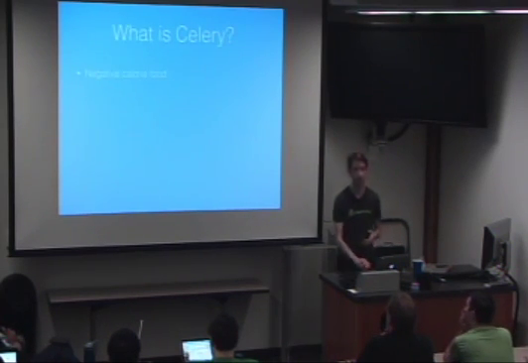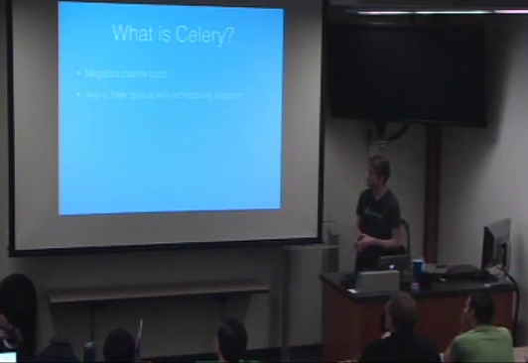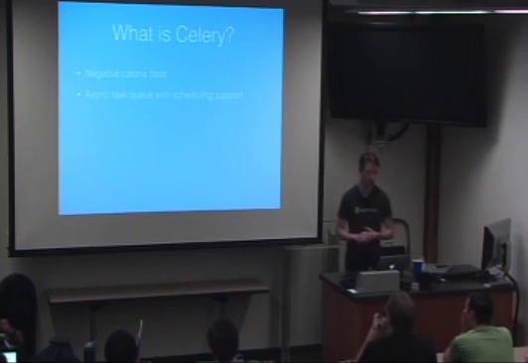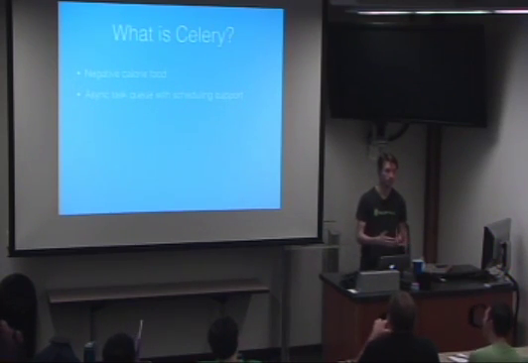Okay, so what is Celery? Initially, it's negative calorie food. But in this context, it's an asynchronous task queue with scheduling support. So that means we can, as I just explained, outsource tasks, but we also have the chance to schedule tasks. We say, every midnight, I want to update the user statistics.